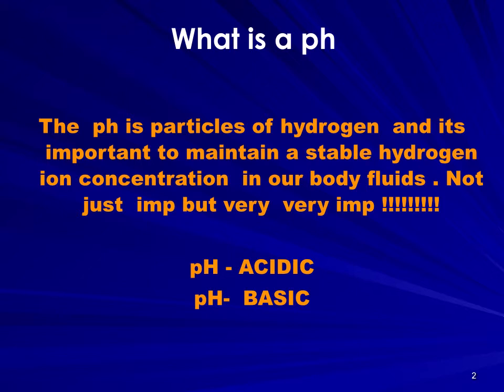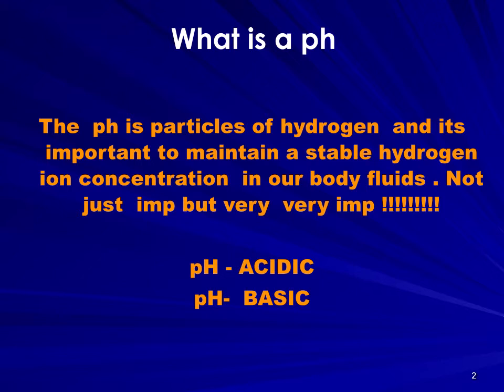The whole pH scale runs from 0 to 14. If you go more towards zero, then the solution is becoming more acidic. If you go more towards 14, then the solution is becoming more basic or alkaline.